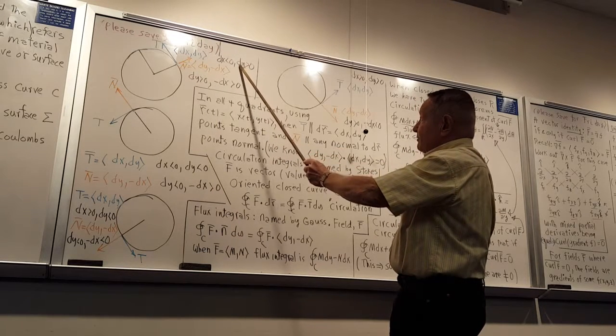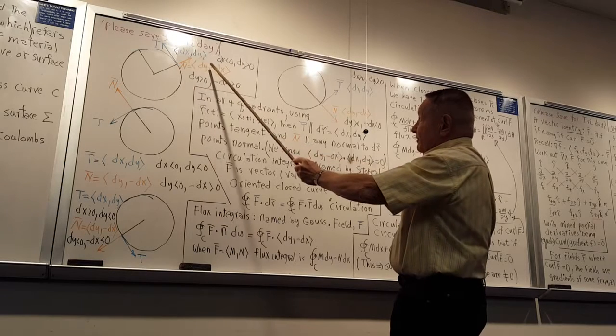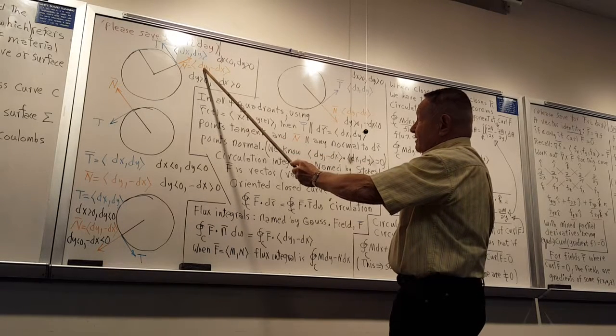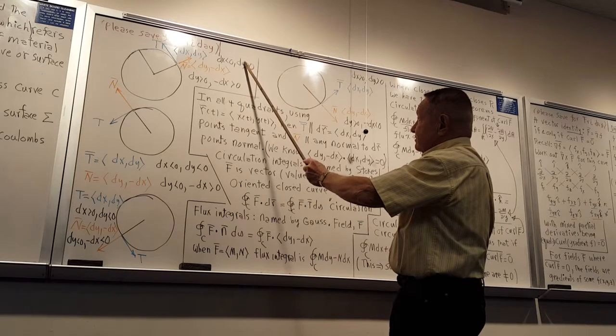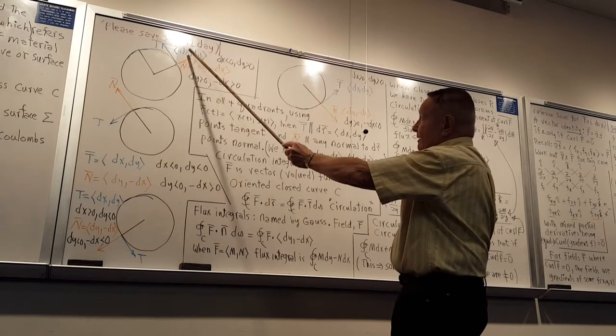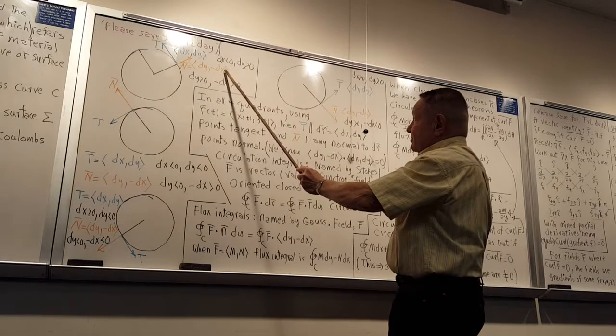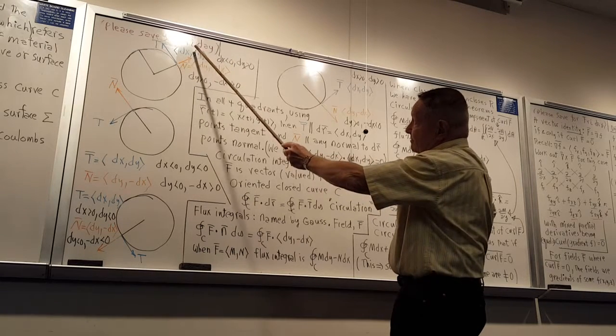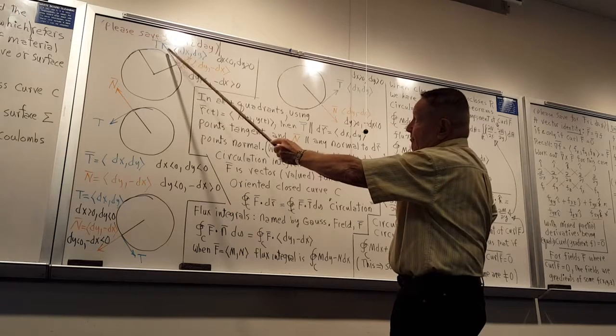So when you turn these around, what you have is positive, because it's the dy that was positive, and you change the sign to get a vector so the dot product is 0.